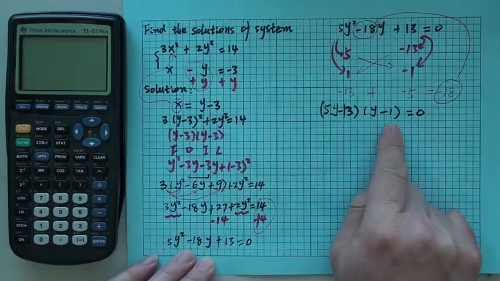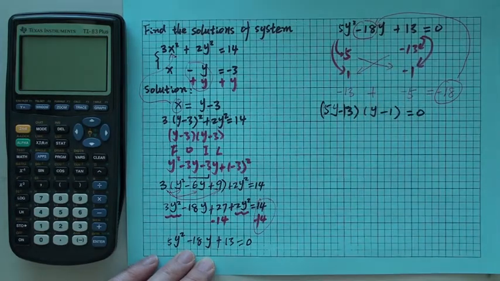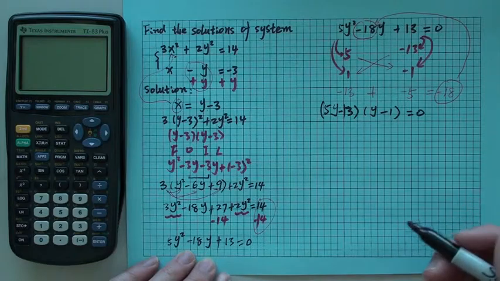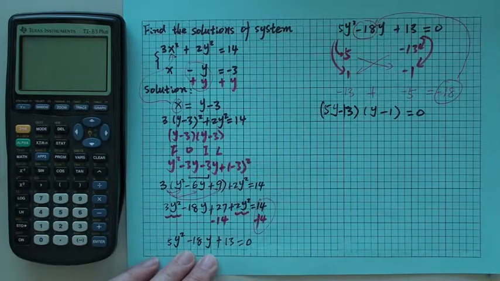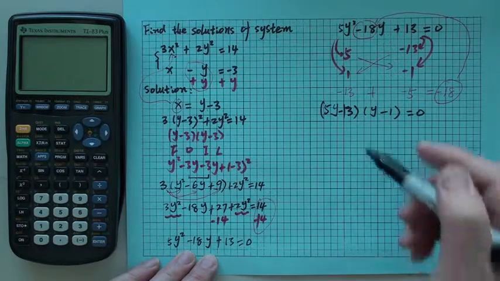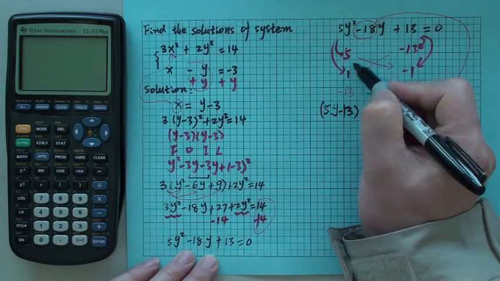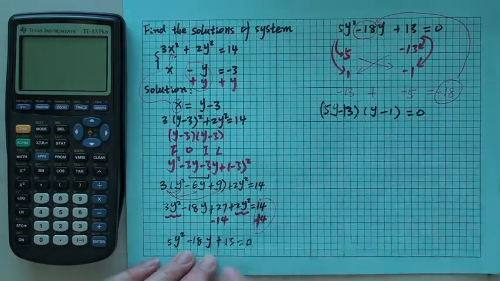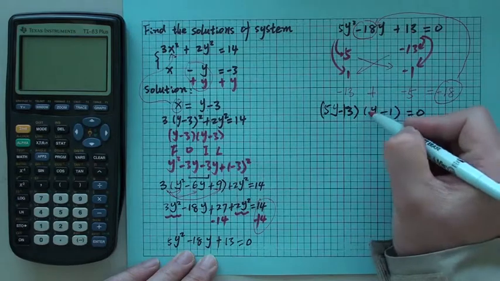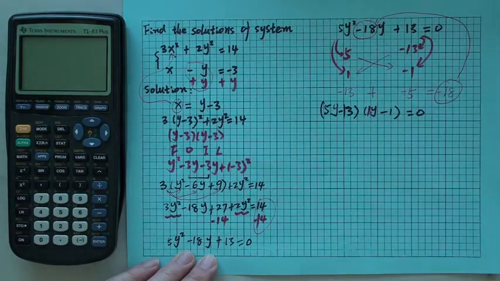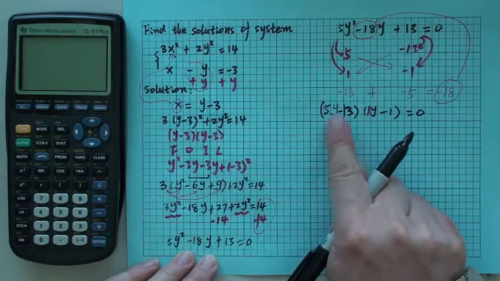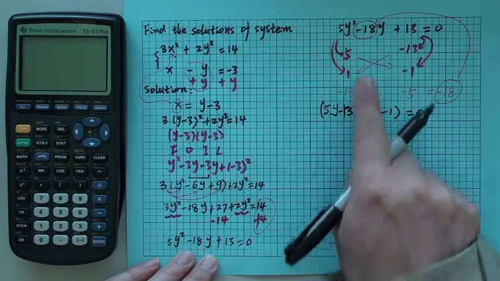When you do the FOIL method, it should come back to there. If you want to check: 5 times 1 is 5, and y times y is y squared.